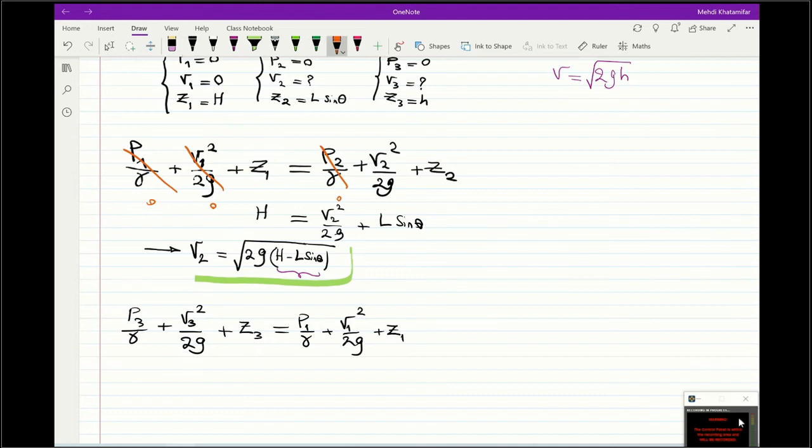Let's get rid of the 0 terms. This is 0. This is 0. This one is just h. Also, this one is 0.